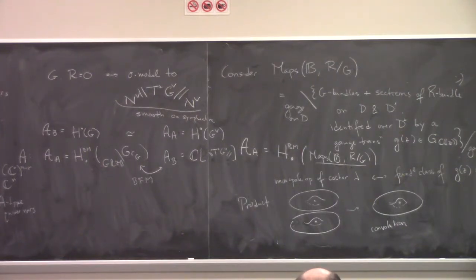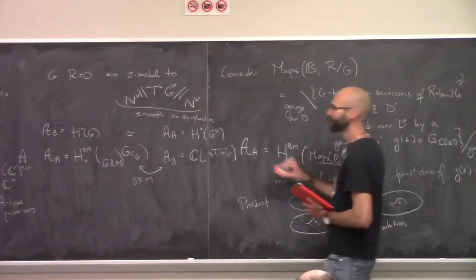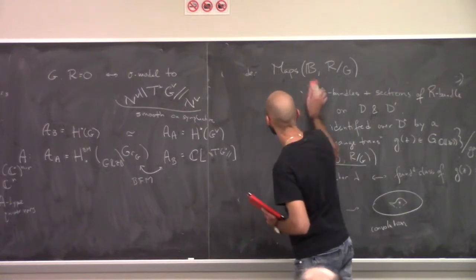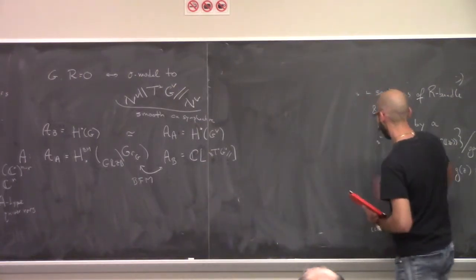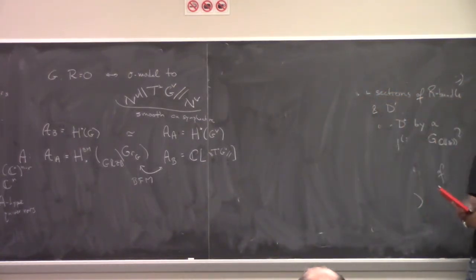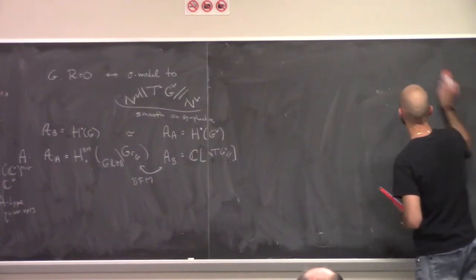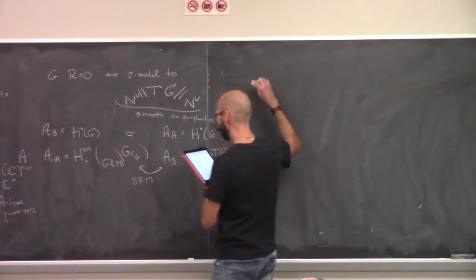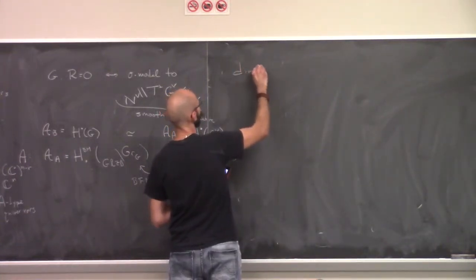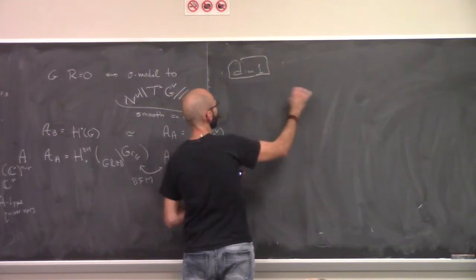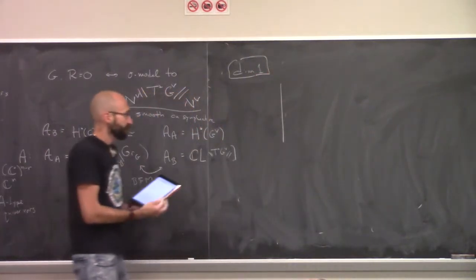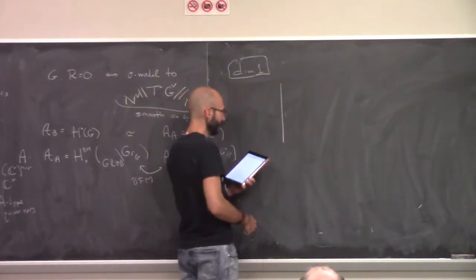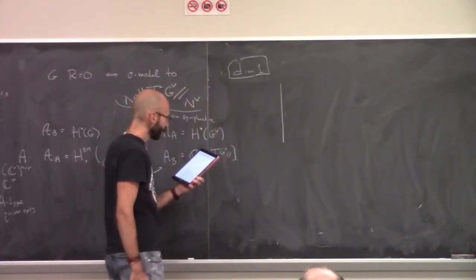I wanted to say things about line operators and ideally boundary conditions. I think I will say things about line operators and stop, for anyone who wants to leave. Line operators are dimension 1 objects. Physically, they are operators supported on a line that can be inserted in correlation functions.